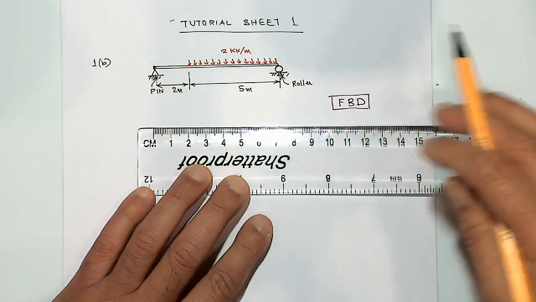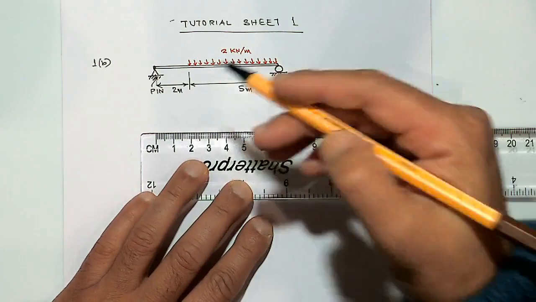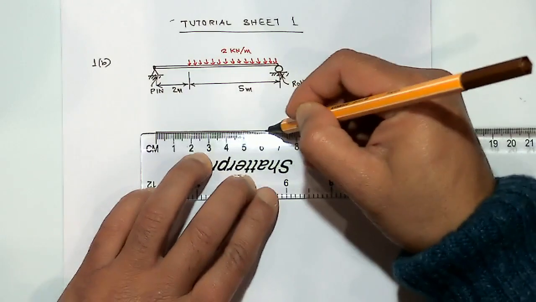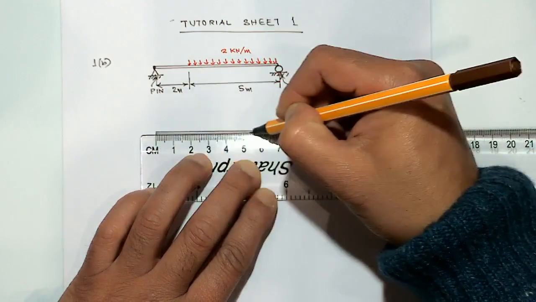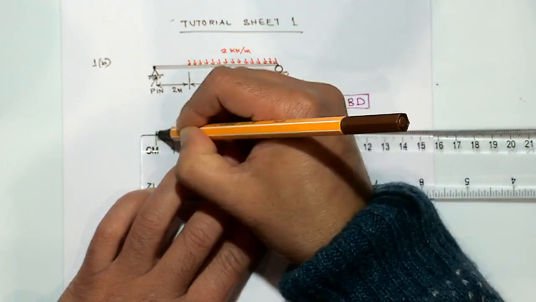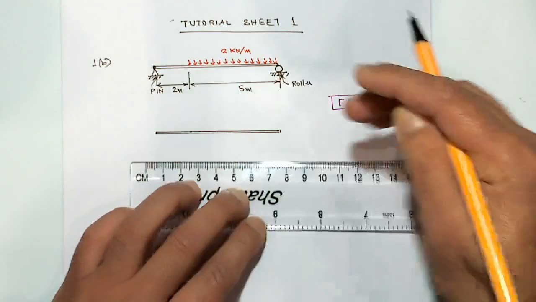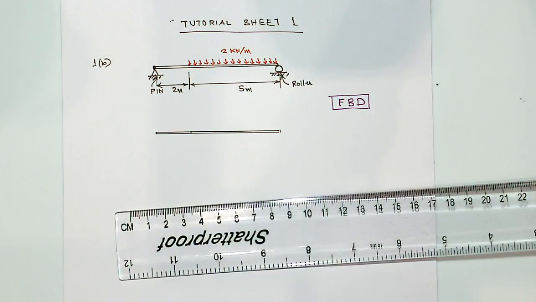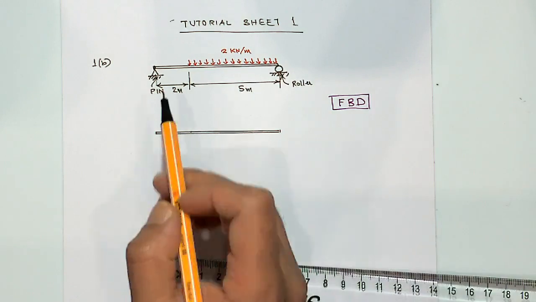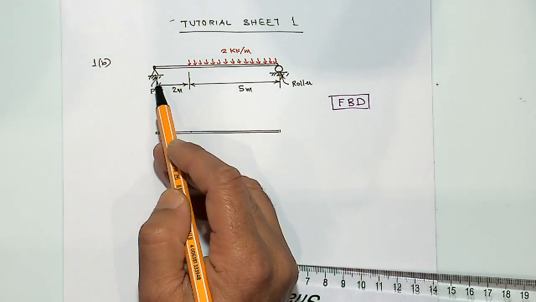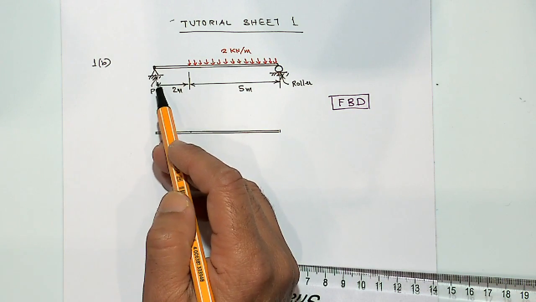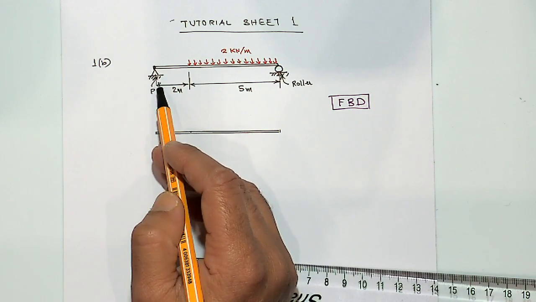First of all, you draw the beam itself, or the structure, whatever is given to you. And then you can think about taking off the loads and taking off the supports, one support at a time. So get rid of the pin support and replace it with an equivalent force that may exist.